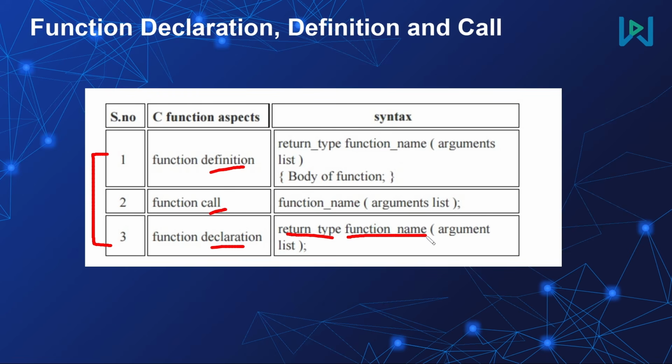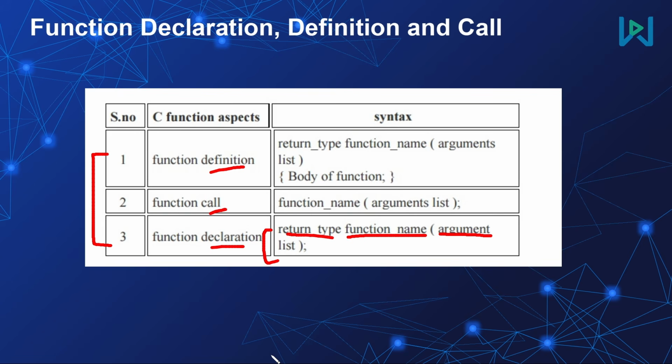So this will be our function name, and finally listing the different input arguments and parameters to our C function. So this will be our C function prototype. In general, the function declaration will be done within a C header file.